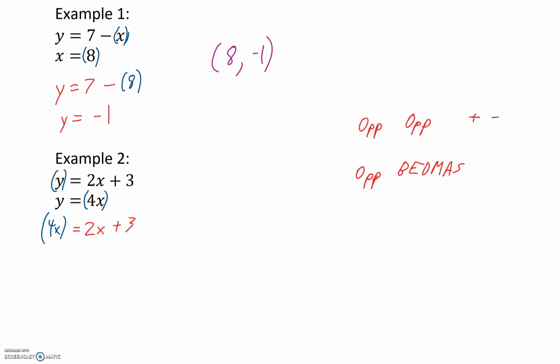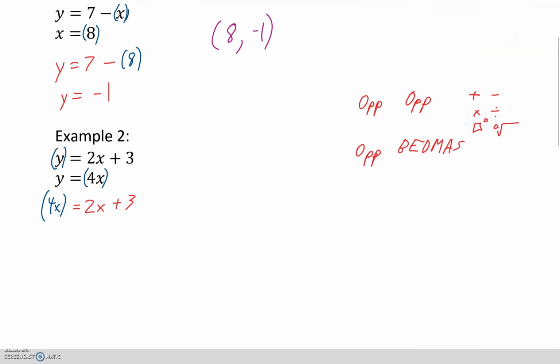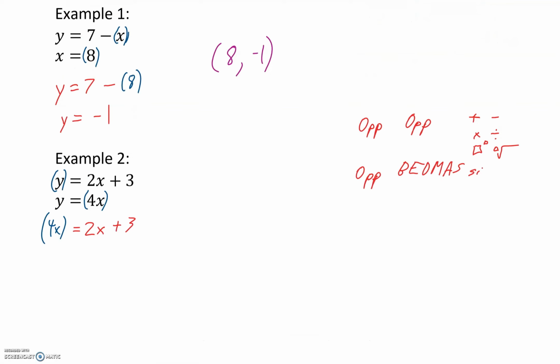If it was subtraction, you do addition. If it was multiplication, you do division. If it was division, you do multiplication. But it also means if it was squaring or an exponent, then you're going to square root. If it was sine, then you do sine -1, etc. So those are all opposite operators. That is what you're going to use to solve it.